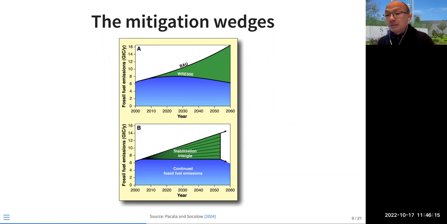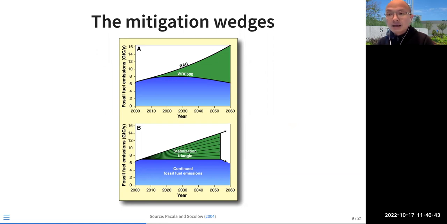That emission gap is very big. Here it shows what is needed to stabilize. Those numbers might seem out of date, but the idea is there. The gap is about 10 gigatons of carbon in this chart. And it's big, right? So we don't know how we are going to achieve it.